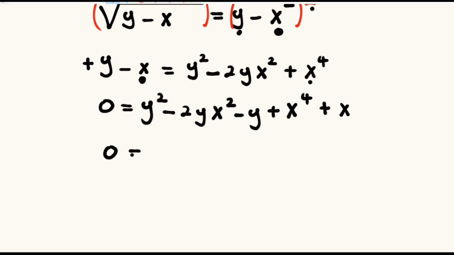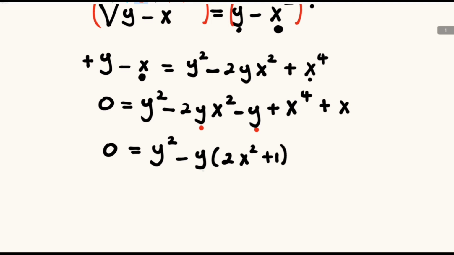So we have 0, which is equal to y squared. From here, we can take the y as our common factor. In fact, we take the negative y as our common factor, and our parentheses will open up to 2x squared plus 1.